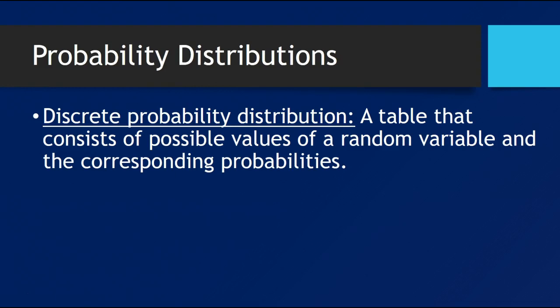A frequency distribution is a table that has classes in one list and frequencies in the other. Well, in a similar fashion, a discrete probability distribution is going to list out all of our outcomes and then the probabilities of each outcome.